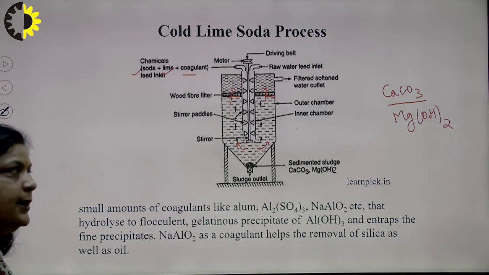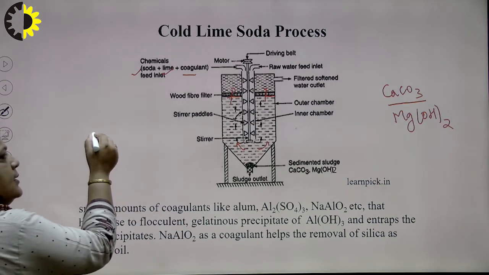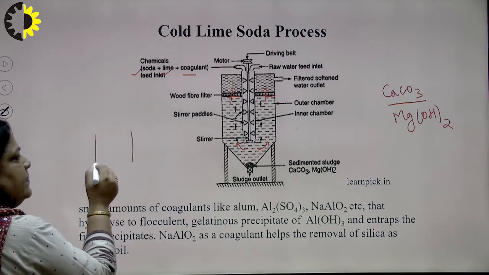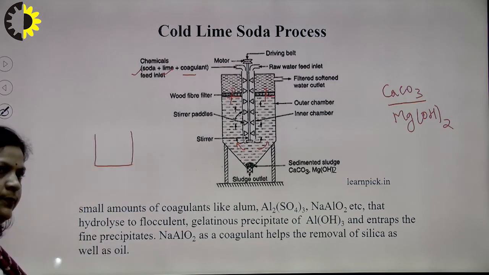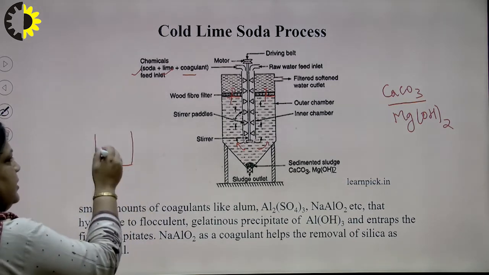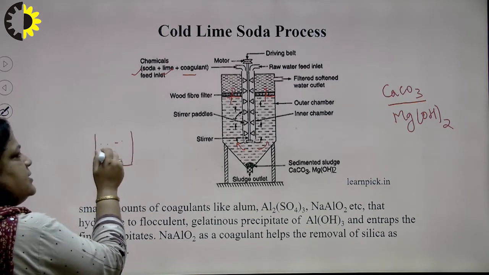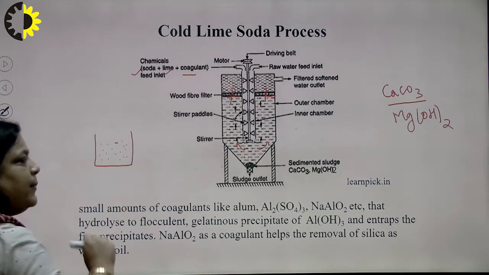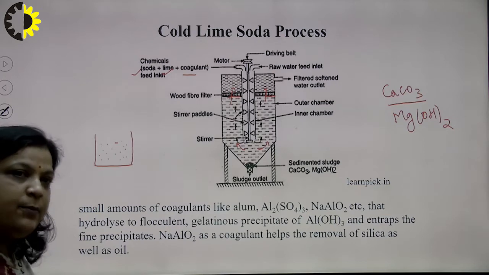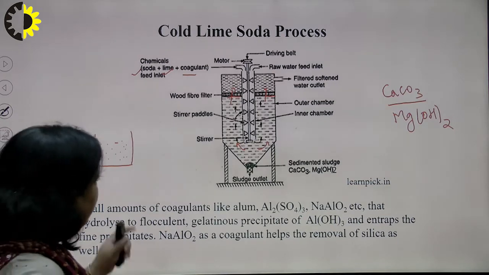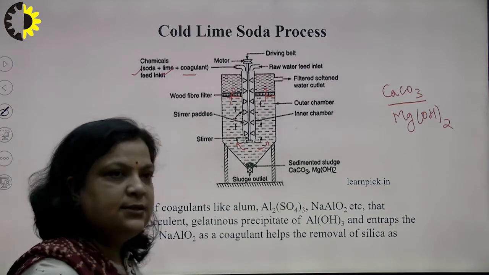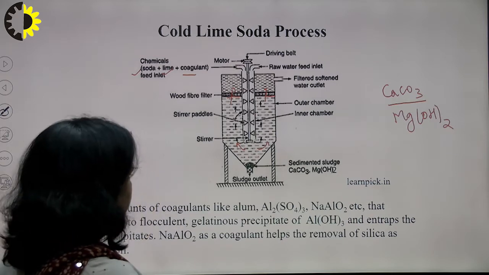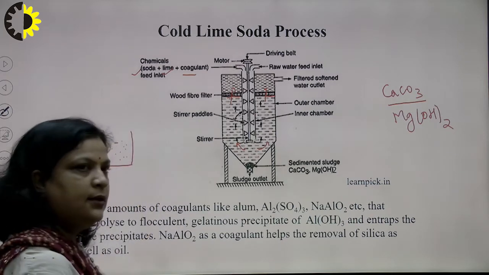Coagulant, basically we can say, suppose there is water and after the process we see that there are fine particles or suspension particles, but since the size of the particles is very small, they do not get settled.